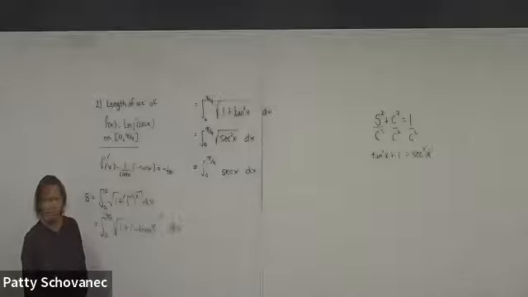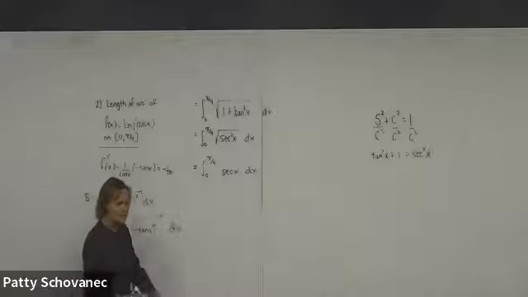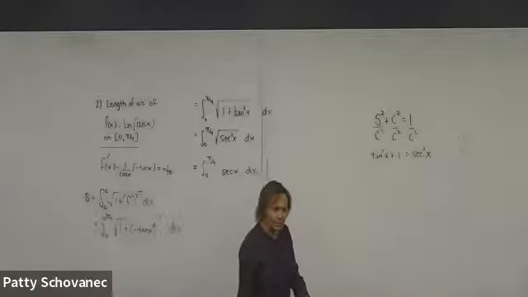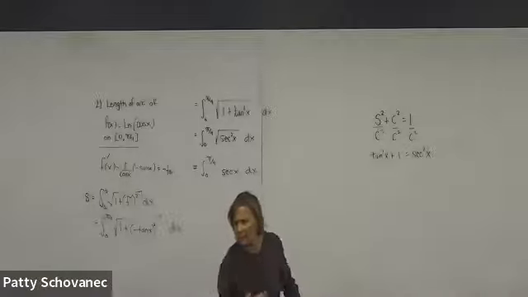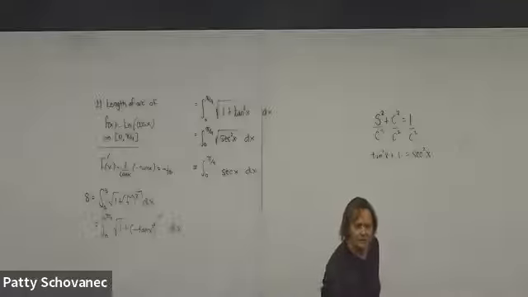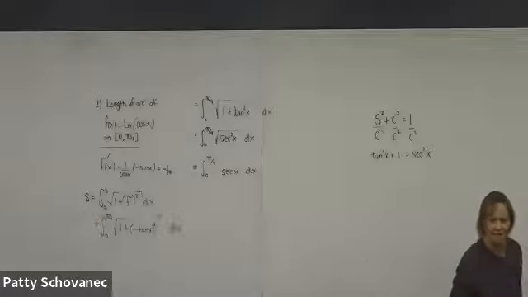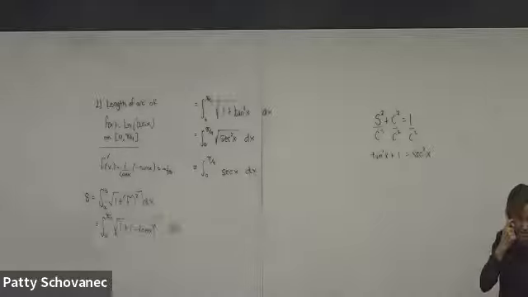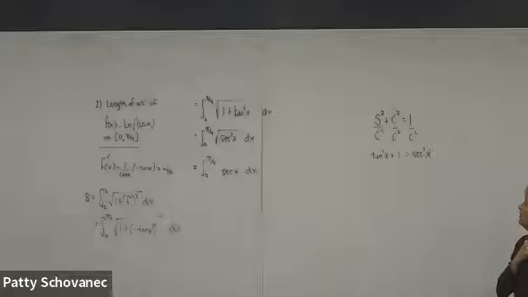What is the derivative of secant? The derivative of the secant of x is secant x tangent x. So I don't have secant x tangent x. Then we saw that the derivative of tangent was secant squared.